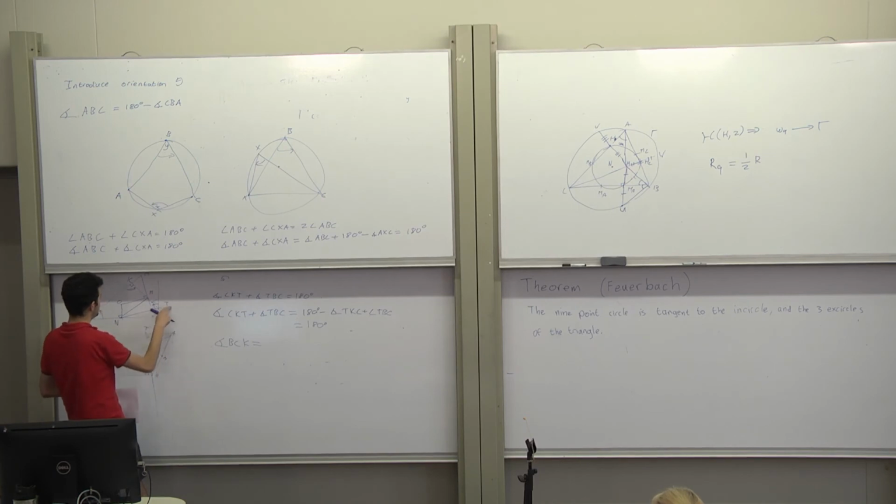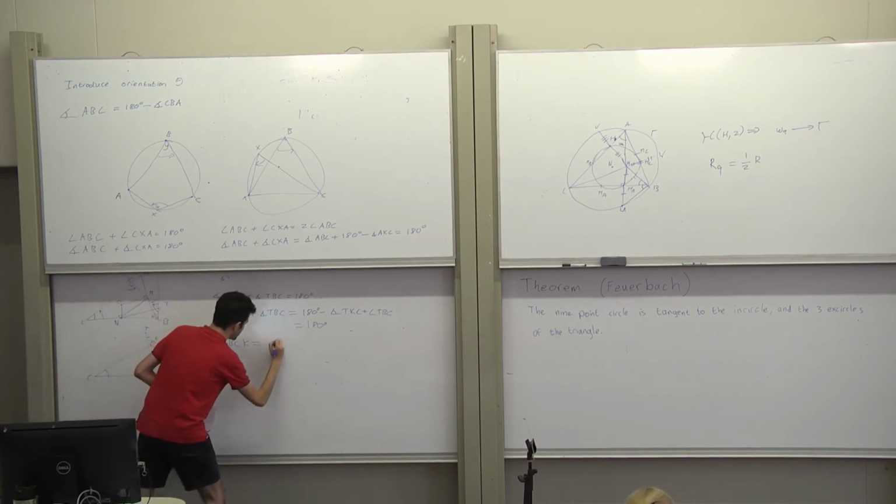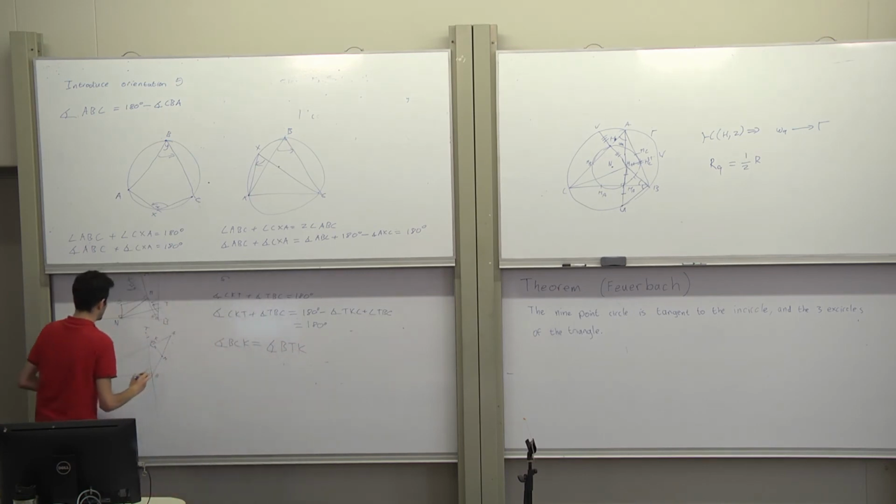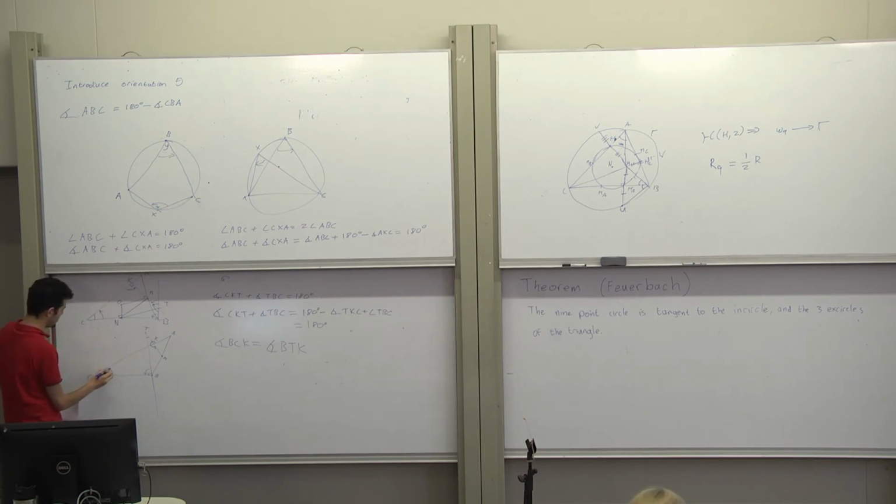So that's BTK. And in this case, we have anti-clockwise, so we're going that way, and so BCK, and then BTK, which as you can see is also anti-clockwise, so it's preserved.